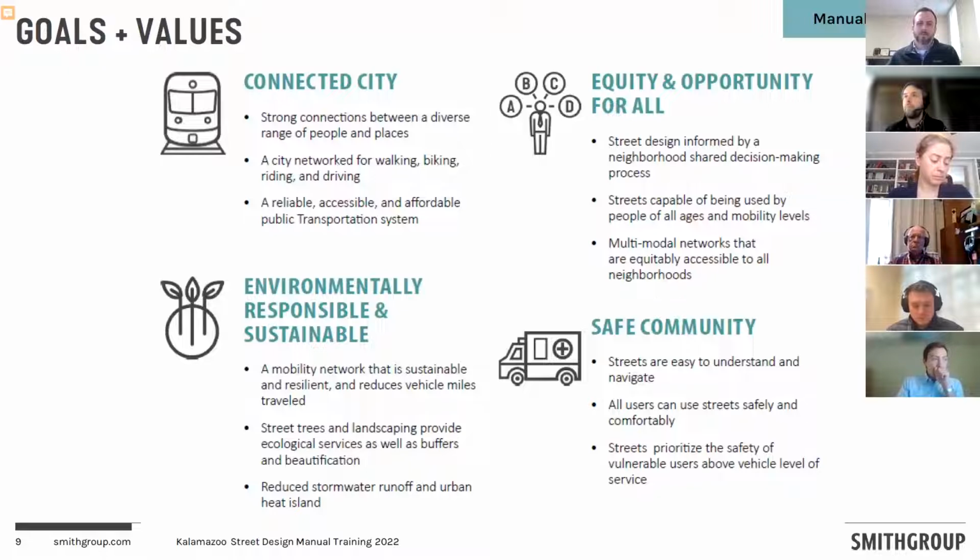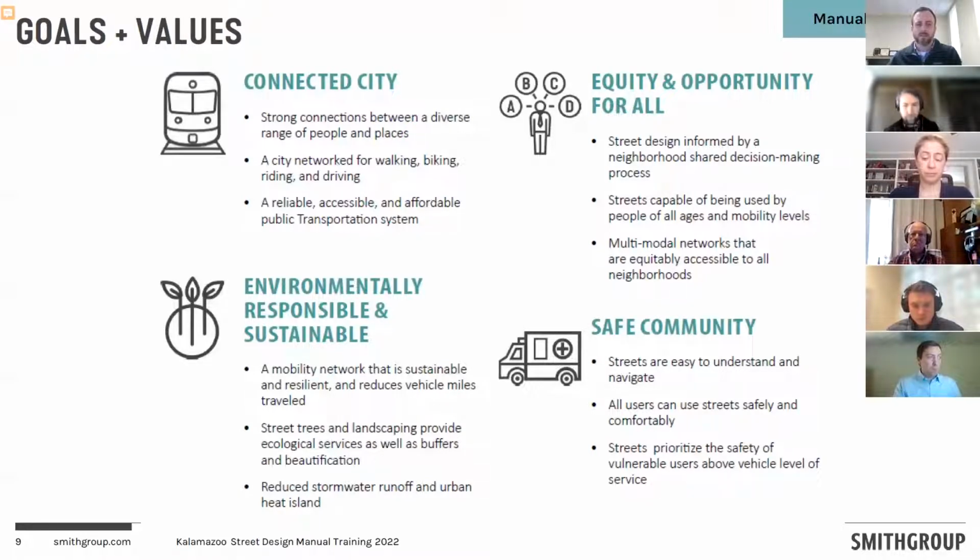Equity and opportunity for all. They all tie together, but this also creates emphasis on multimodal use, creating equity for all users, and not necessarily prioritizing vehicular traffic when it makes sense.